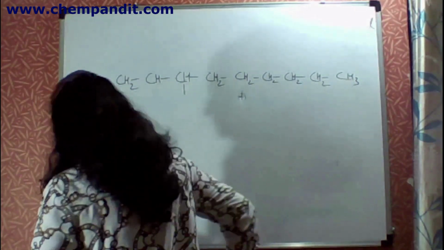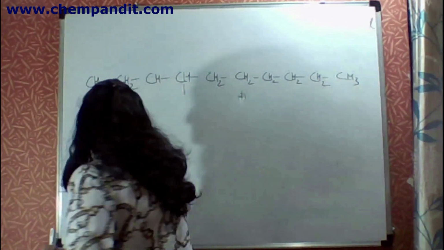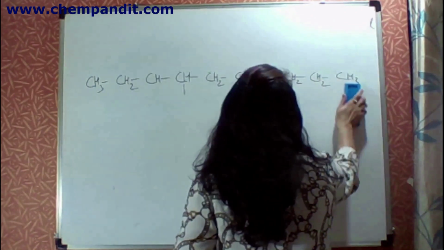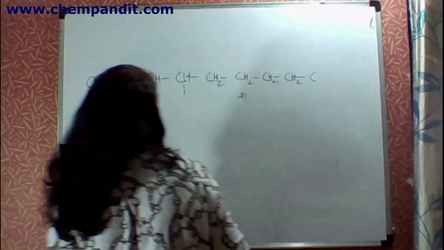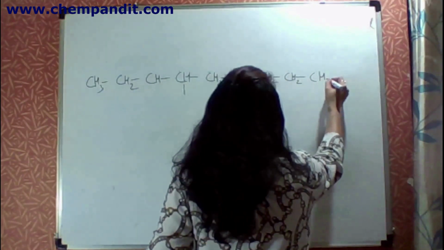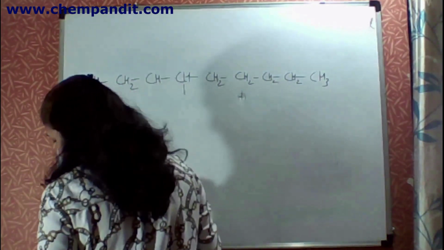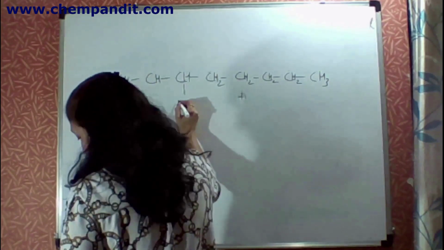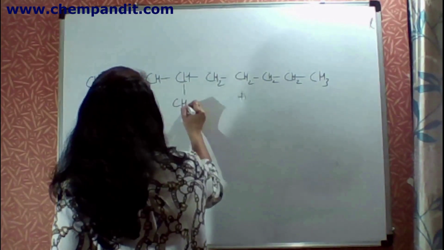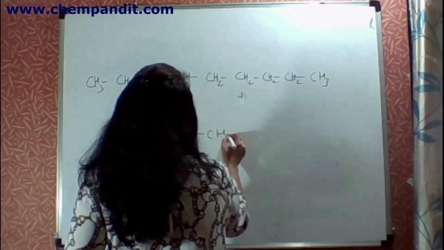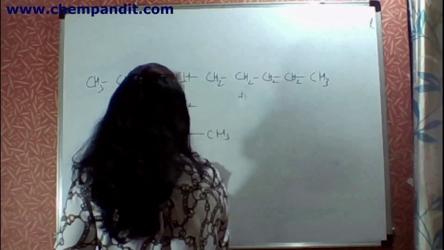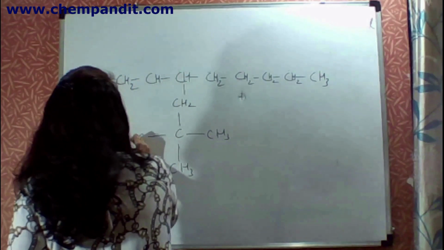Again we have, let's take 8 carbon atoms. Let's take 9. CH3. Now this is the compound. Here you have CH2, C, CH3, CH3, CH3.